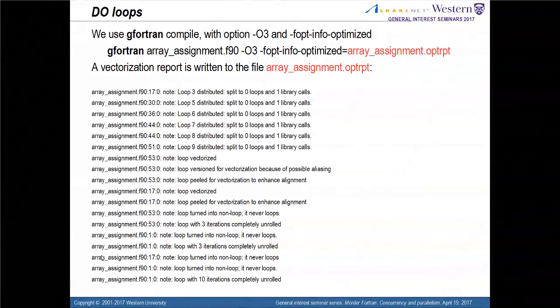It will tell you whether the array assignment block is being vectorized or not, or how the loop is vectorized, and so on, so you have an idea how the vectorization is done by the compiler. It just tells you that you can use some options to find more details.